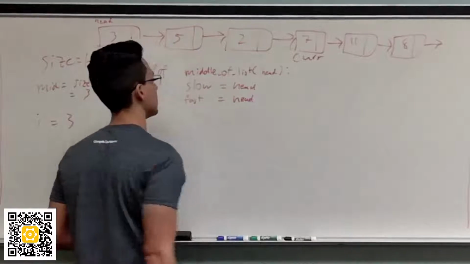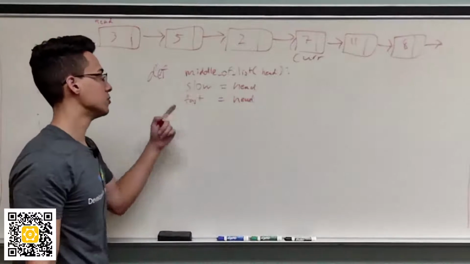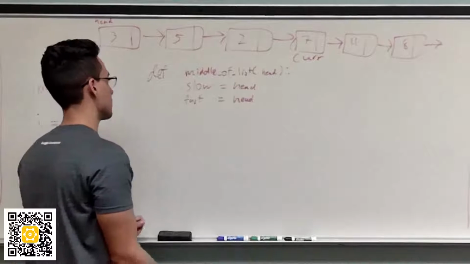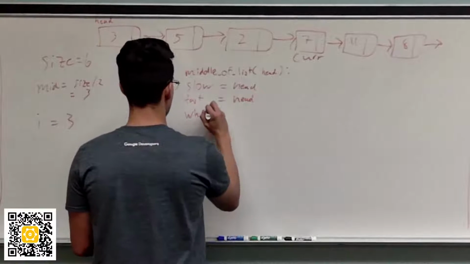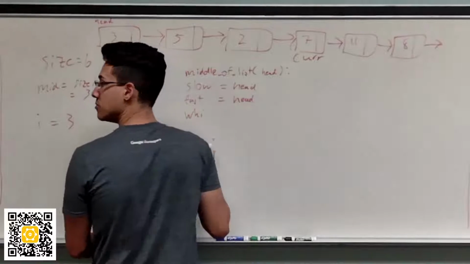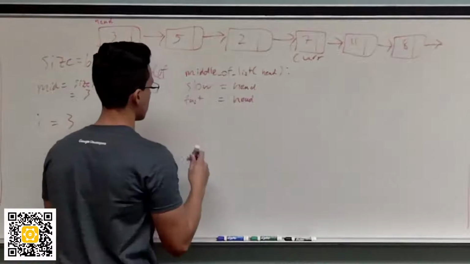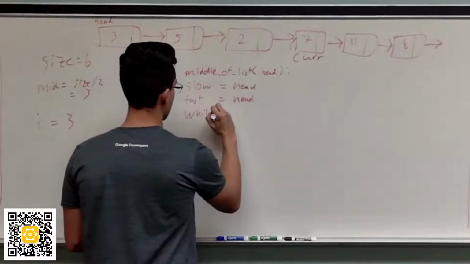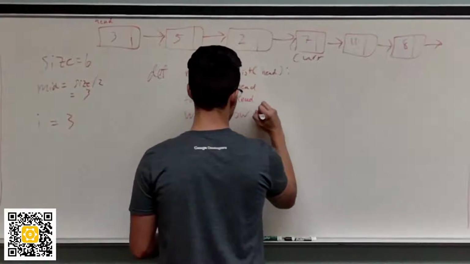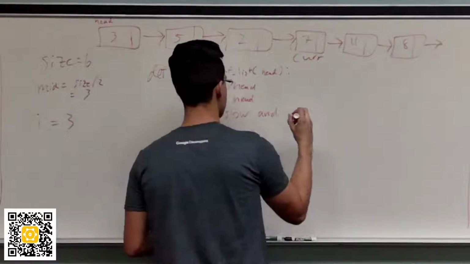So we're going to have, it's like cur, but we're going to have 2, right? And those are going to loop over, so both are going to loop through the linked list.